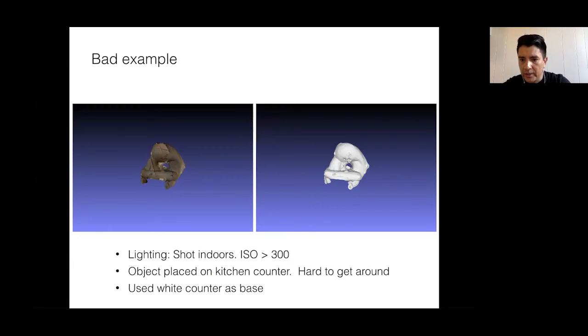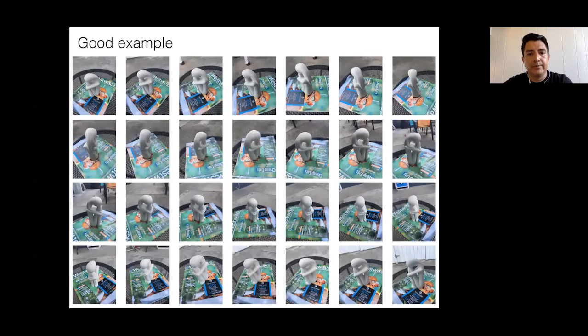One of the questions was, why does putting a magazine down help? I'm going to go back to the images. It helps by, if you look at these images right here, objects that have a lot of color and a lot of contrast are easily able to be recognized from one image to the next image.